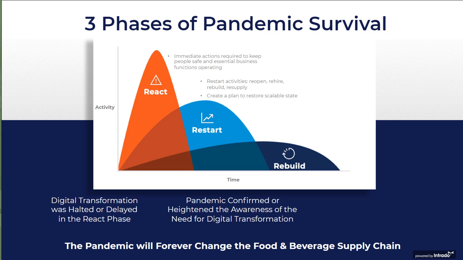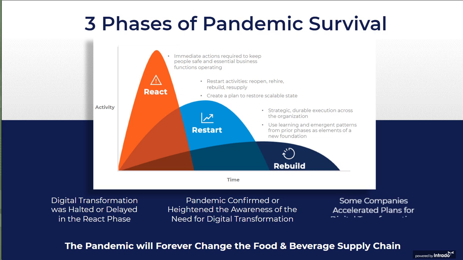How do we react to information? How do we do things? Now, I don't think anybody could really predict the pandemic, but how do we get better information so that we can then do a better job of restarting or rebuilding? So I think at a high level, a lot of companies today are starting in this rebuilding stage.